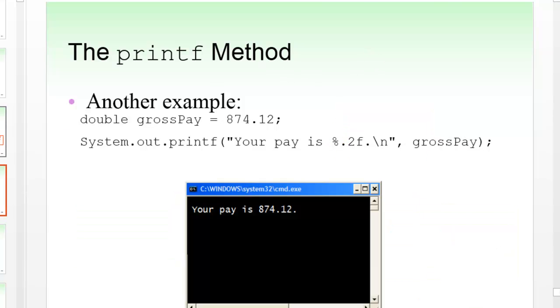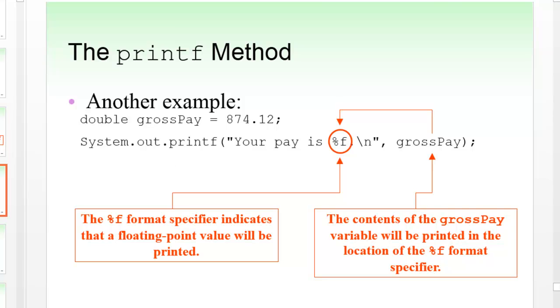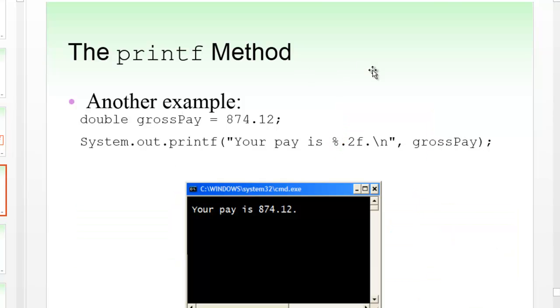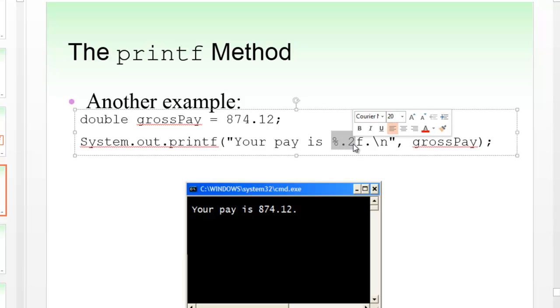Okay. You can specify that we want, for example, to put 2 decimal places right here. Now the syntax may look a little bit funny here, but this right here is exactly what the format specifier looks like. The % symbol begins a format specifier.